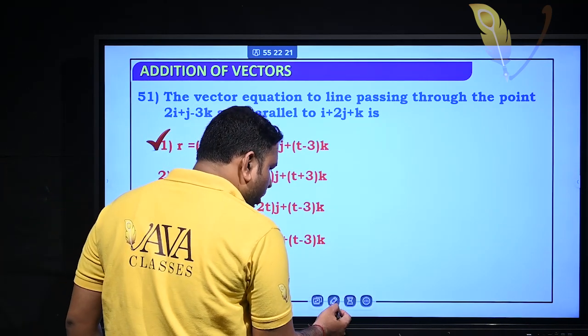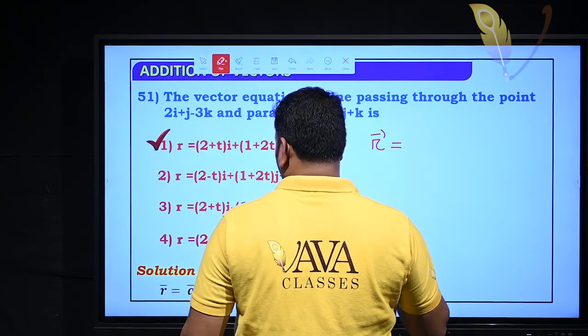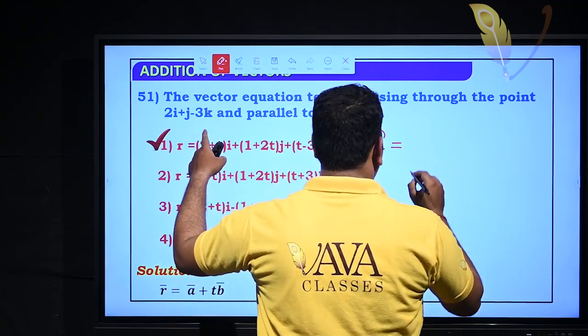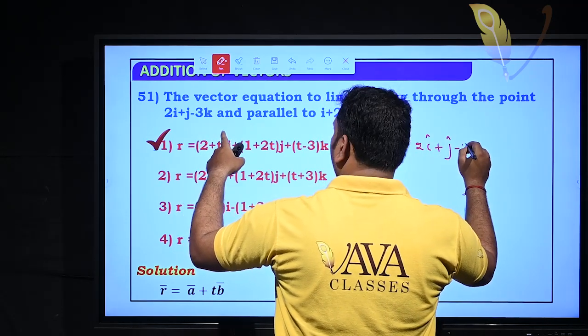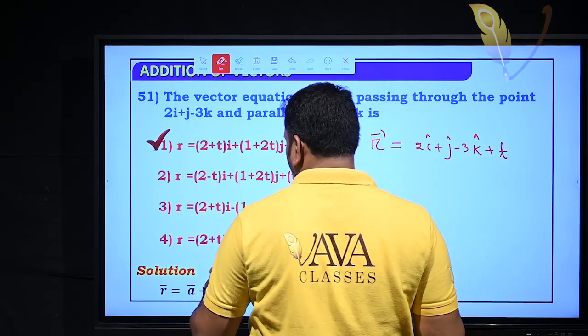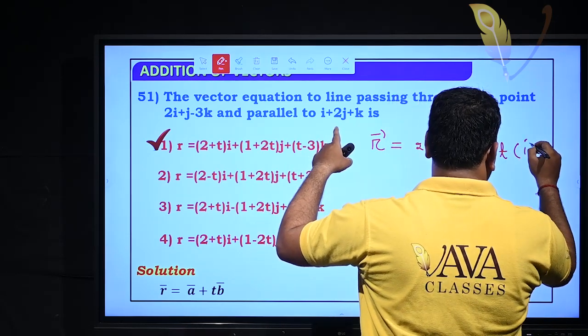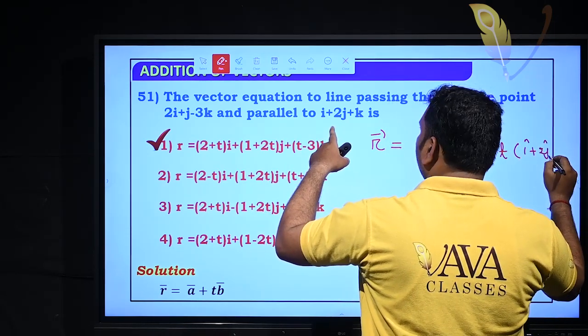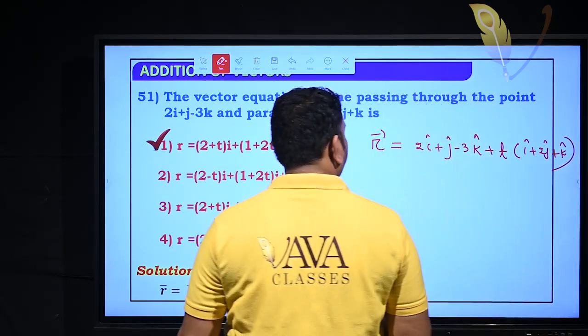R equal to A plus TB, that is, R vector equal to A vector plus T B vector. So it is 2i cap plus j cap minus 3k cap plus T B vector. B vector is i cap plus 2j cap plus k cap. Okay.